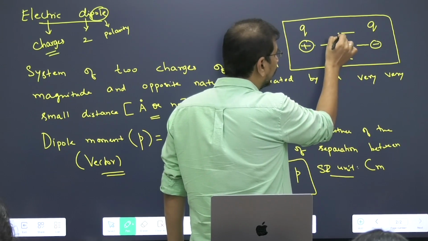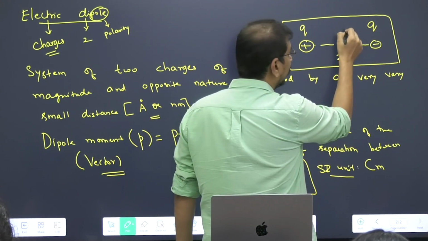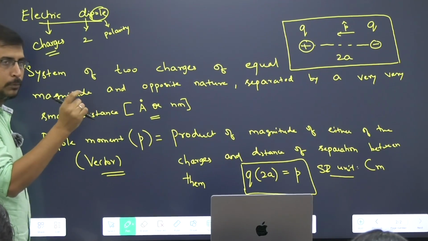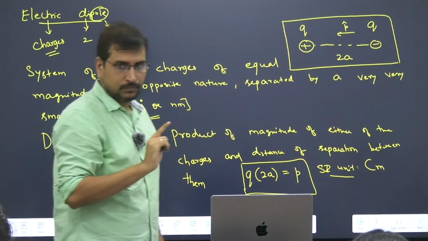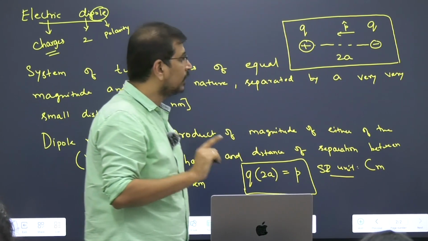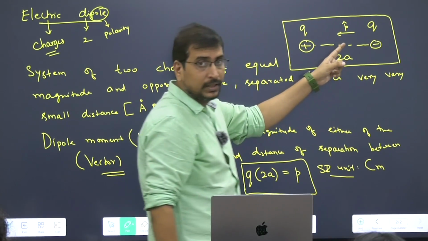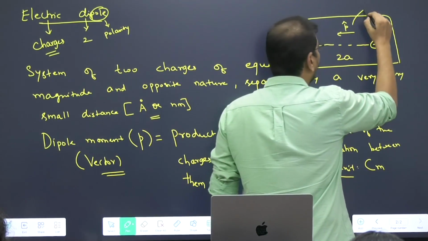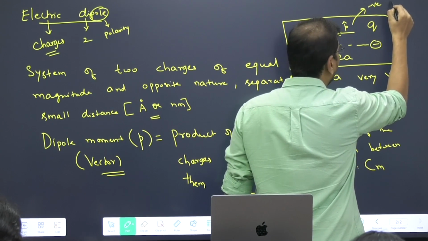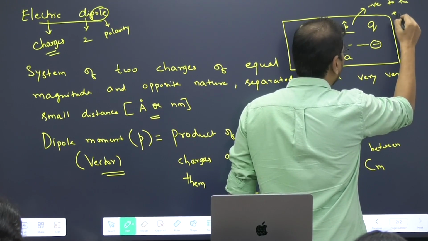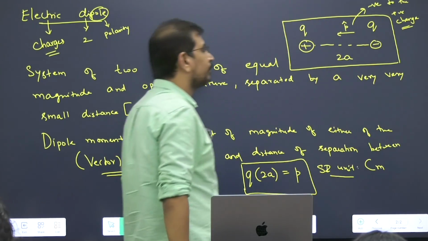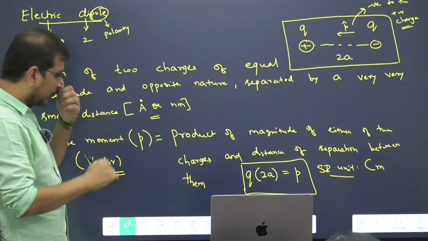This is going to be the direction of dipole moment along the line joining them, right? P stands for the symbol of dipole moment, cap stands for the direction. Are you able to understand what I'm trying to say? So where is it directed from? It is from the negative to the positive charge. I can make a note here. It is always directed from negative to the positive charge, right? So now you can make a note of this.